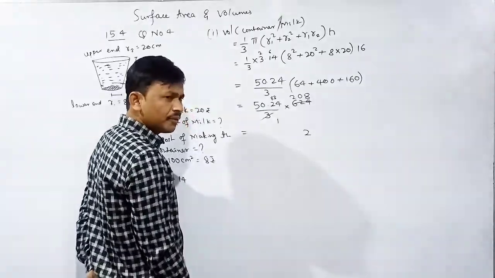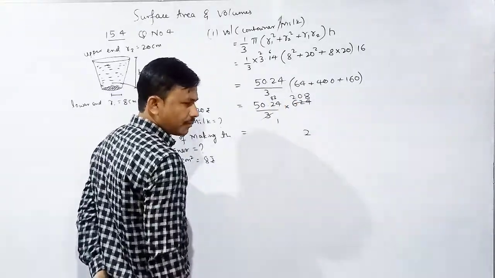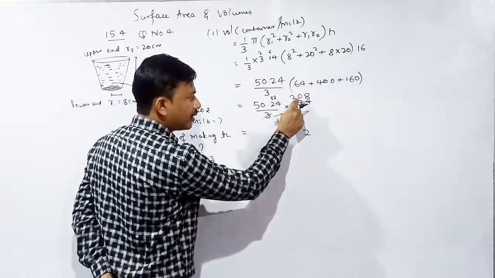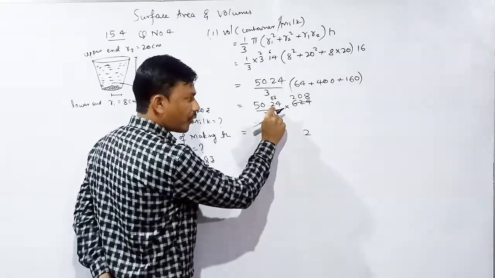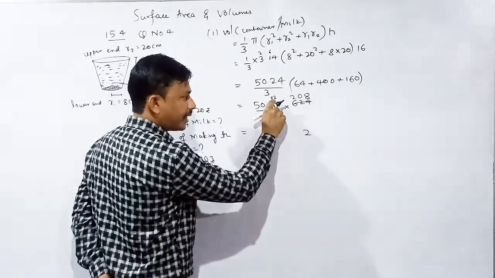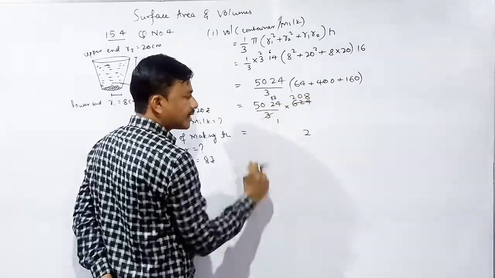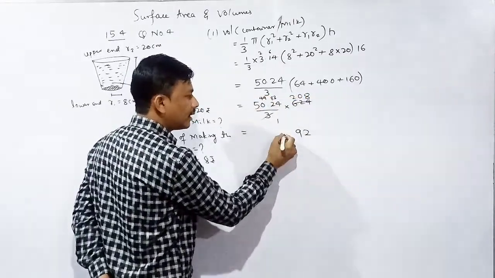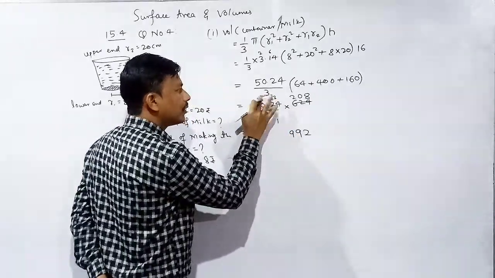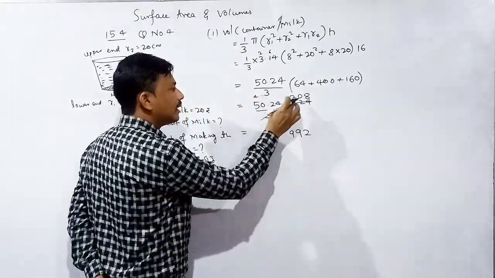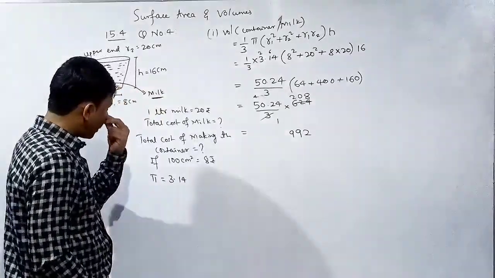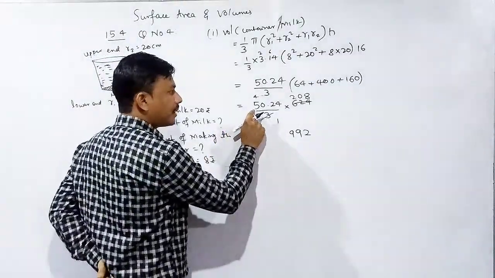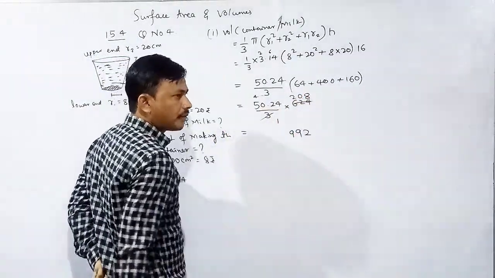Then 483 plus 16, 499. Correct? Then 9, take 4 as the carry. Then 2 5s are 10, 100, 1000. Okay. Then 1000 plus 5 8s is 40.